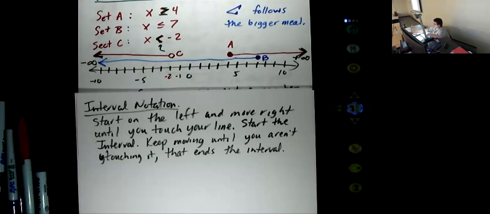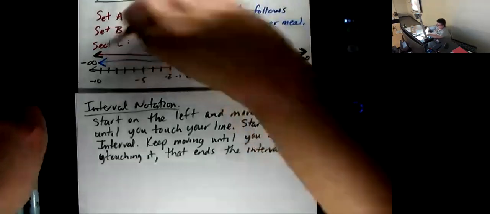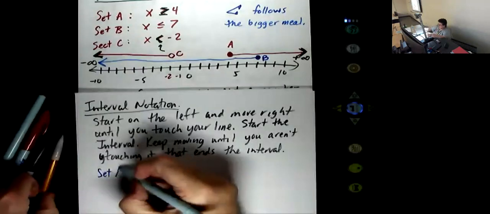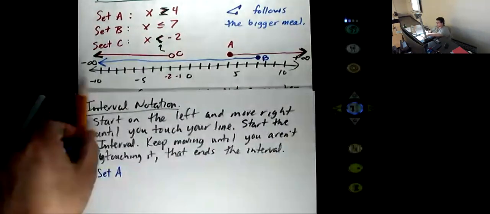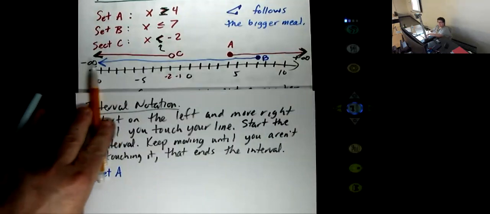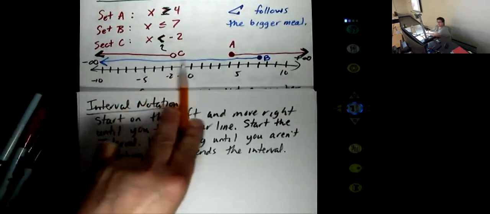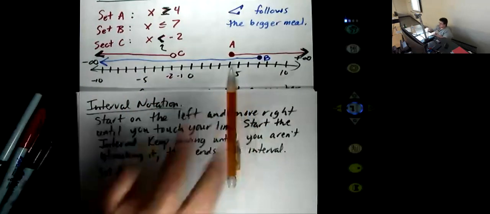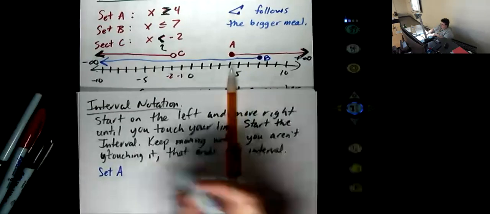All right, so we're going to do this here for set A. I'm going to start on the left and go until I hit where set A starts. Set A starts right here, at 4.